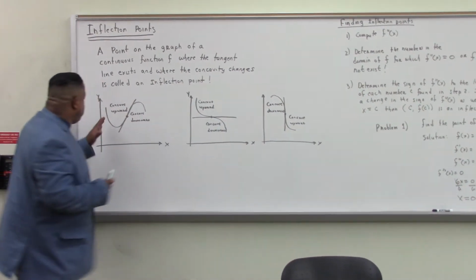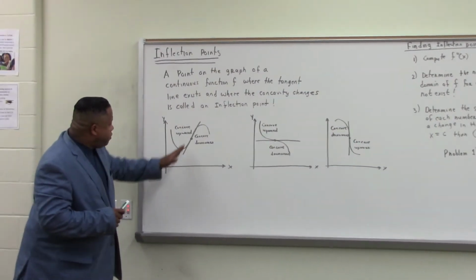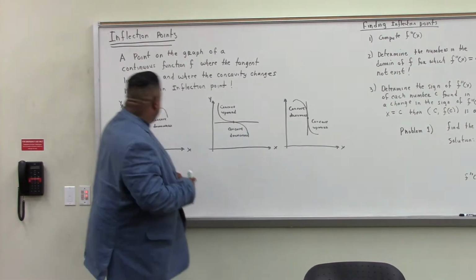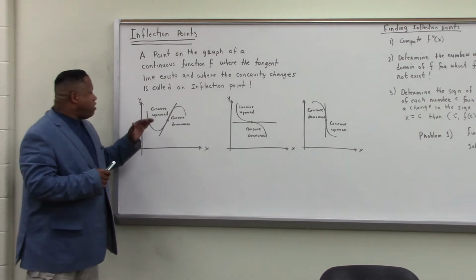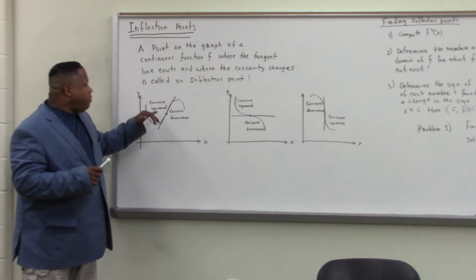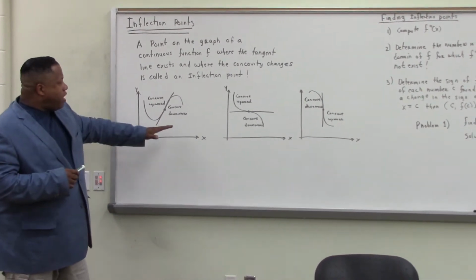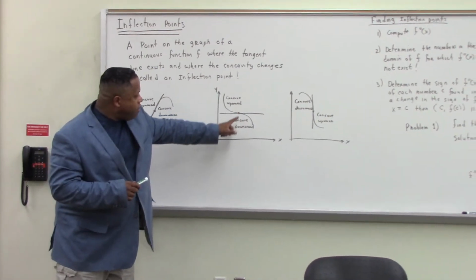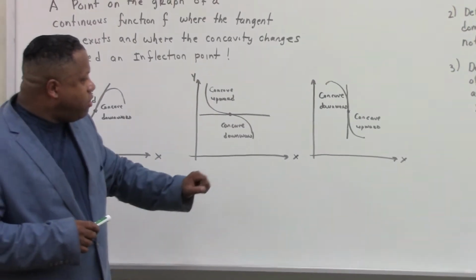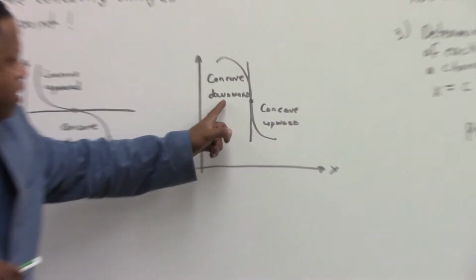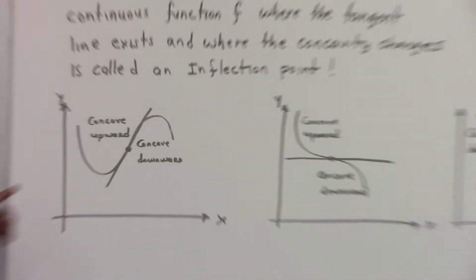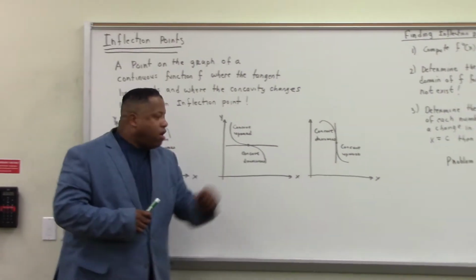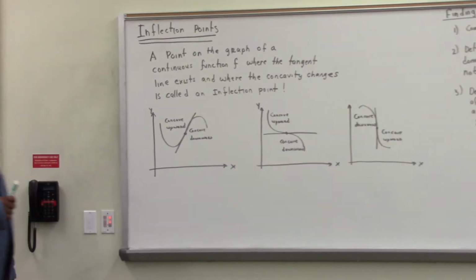The tangent line separates and shows where the function is concave upward and concave downward, as well as here concave upward, concave downward, concave downward, concave upward. These points are inflection points where the tangent lines separate.